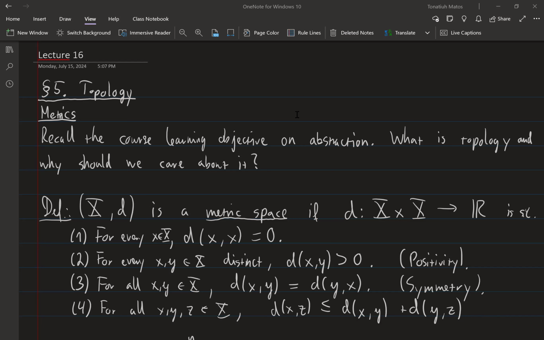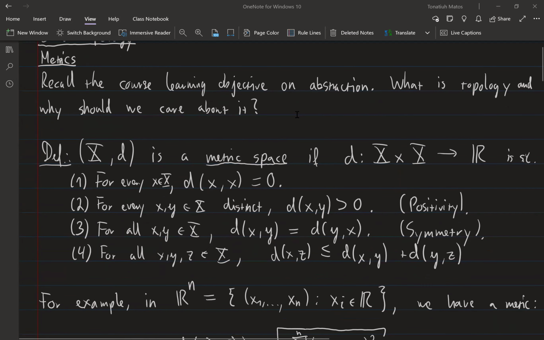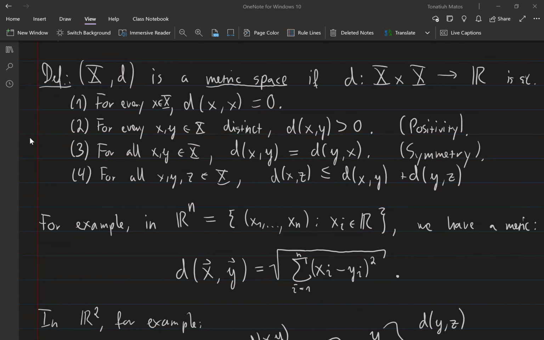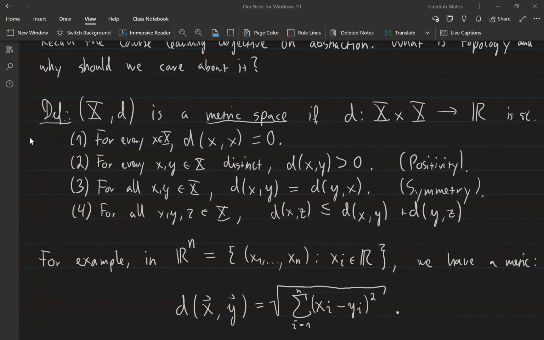So like I said, let me begin with a quick recap of what we did last time, which is the beginning of chapter 5, topology. We talked a little bit about what a metric is. A metric is nothing other than a function that measures distance between 2 points in a space. The only space we care about right now is Rn, which is defined at the bottom of the page, as you can see. And there's a very well-known metric for this, which is the Euclidean metric.